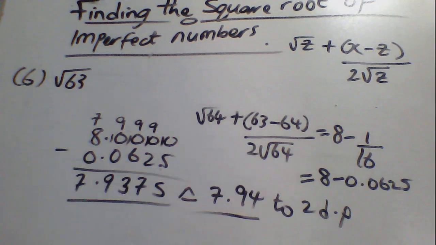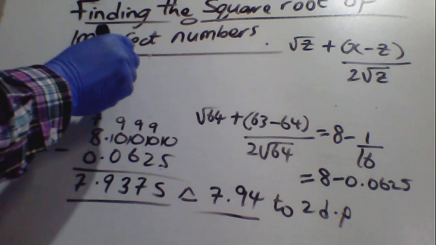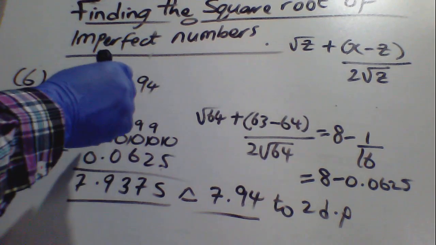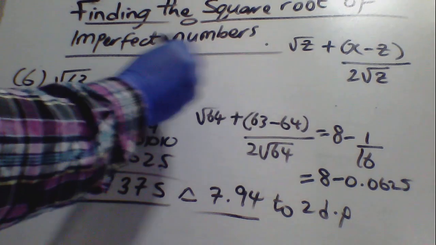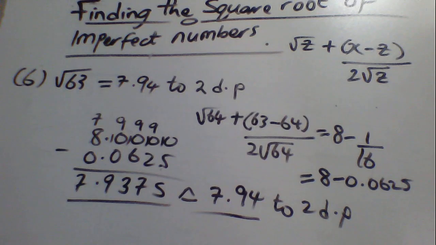Sometimes you can do it in 3 decimal places. So the square root of 63 is equal to 7.94 to 2 decimal places. So that is it.